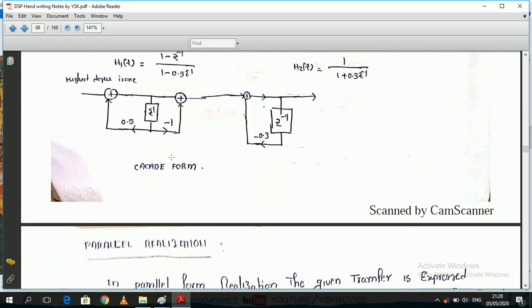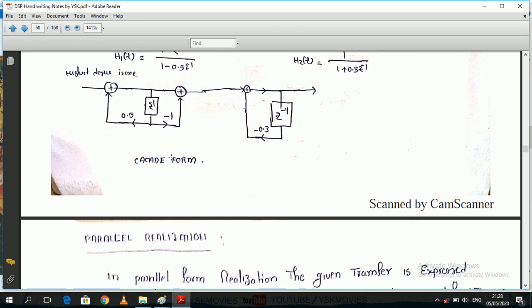It's very simple. Once again, for cascade form, simply join in series manner. H1 of z is joined with H2 of z. But to do cascade form, you must do H1 of z and H2 of z in direct form 2, and for designing direct form 2, you must design direct form 1. So everything is interlinked.